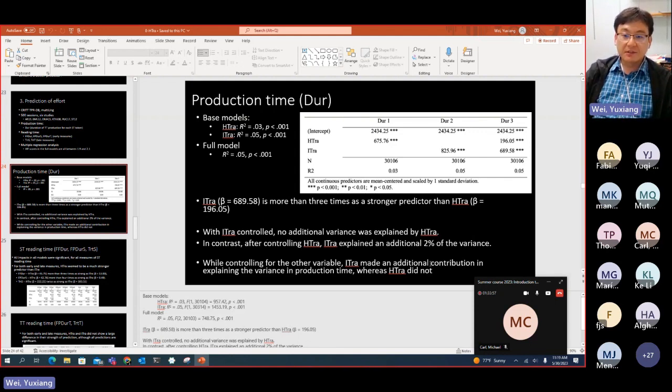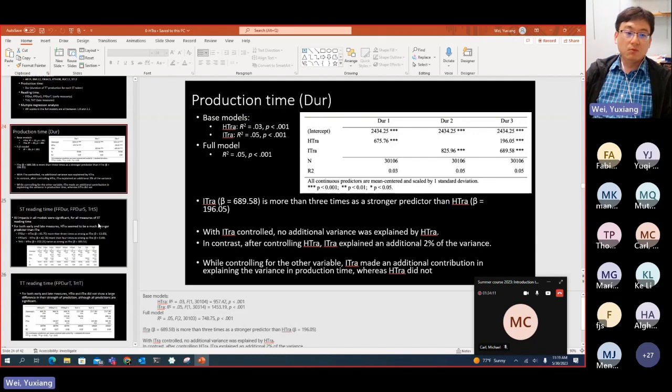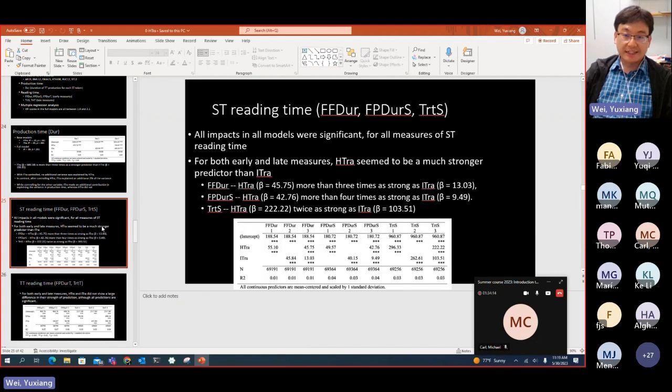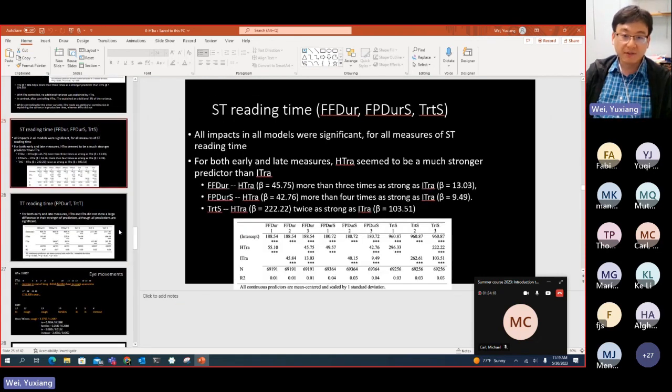All these seem to suggest that while these two are both statistically significant in increasing production time, ITra seems to be a better predictor for production time than HTra. When we look at the fixation data, we see something quite different. We see something quite the opposite.